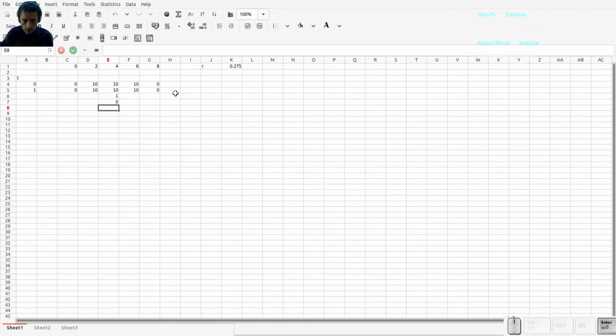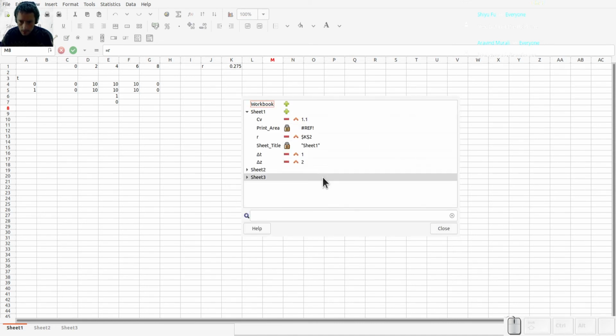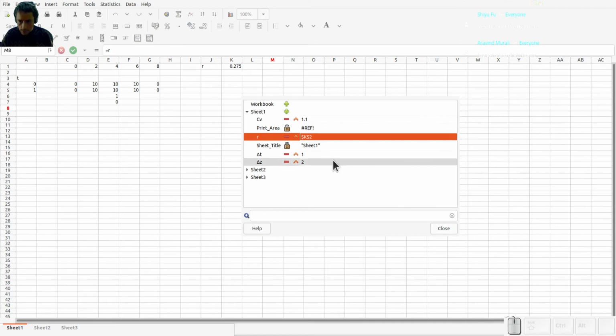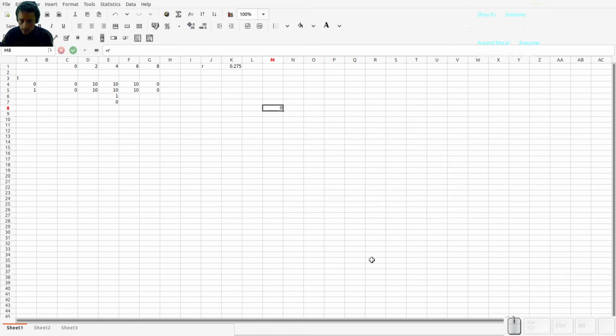Oh, why is R defined as 0 now? Sheet 1, R. Oh, K1.